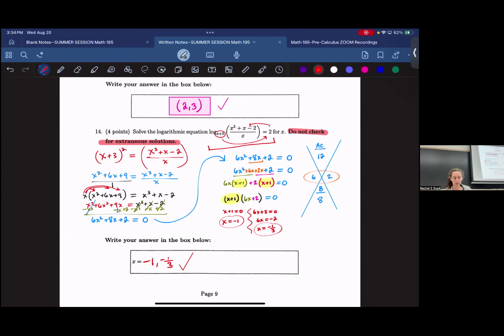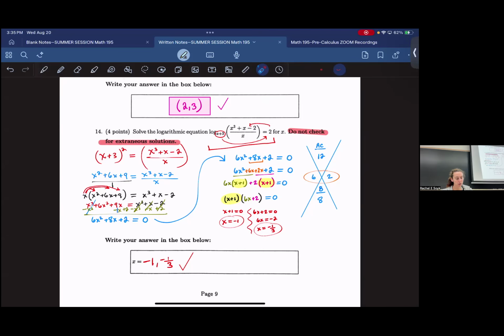Any questions on this one? I feel like the hardest part was converting it into exponential form and then getting rid of the fractions.